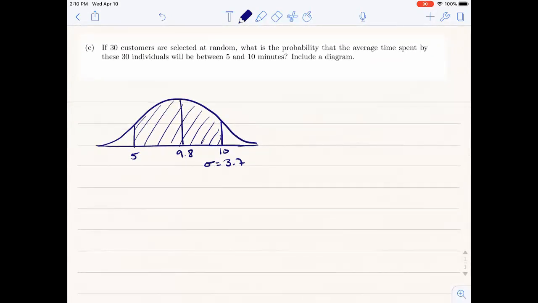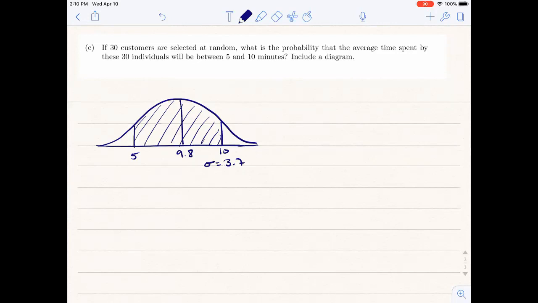That means we have to calculate a z-score for 5 and a z-score for 10. We have to find the area that we've highlighted here, right? There's lots of ways that we could do it, keeping in mind the total area has to be 1. You could find the area in the tail and subtract those 2 areas from 1. What I like to do and what I'll always do is I find the area to the left of 10, and then I find the area to the left of 5.